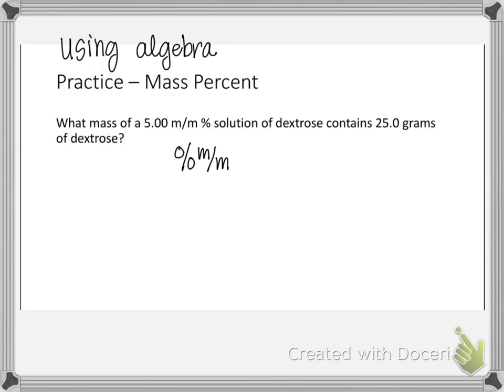What I know is I have an equation. And that is the percent of the mass is the grams solute over the grams of the solution times 100. And so they're asking me to find this. So I plug in the 5.